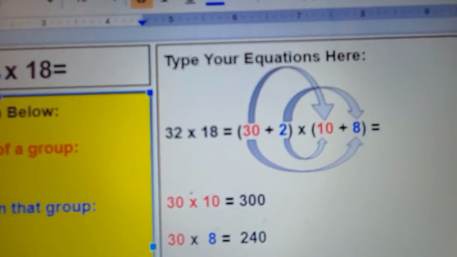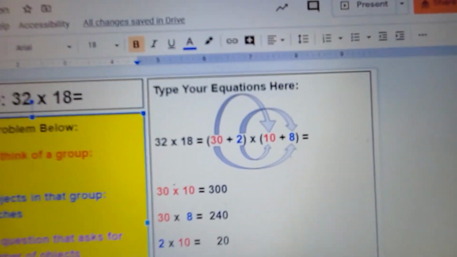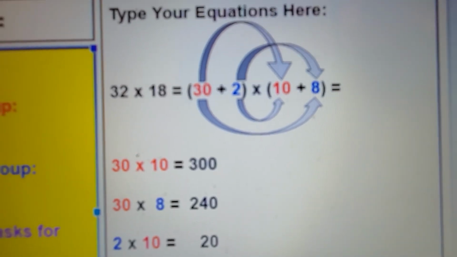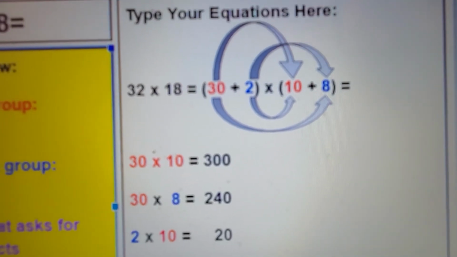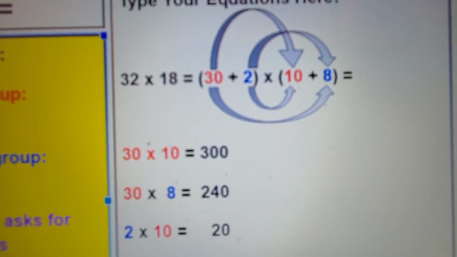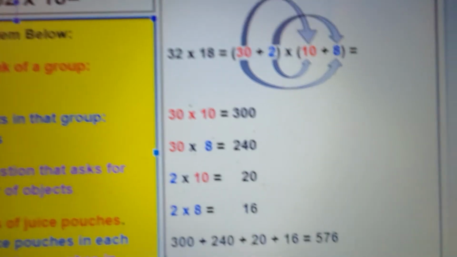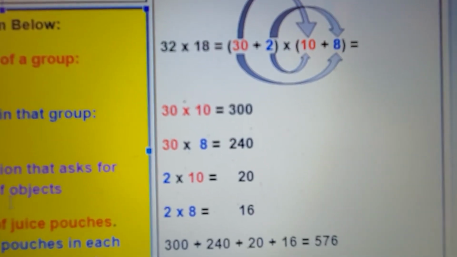Now, let me explain the cluster problems, because last week we used arrays. Well, now we're going to use another strategy where we're not using arrays, but we're using a method of multiplying by stretching out these numbers into places, similar to what you did last week with the arrays.